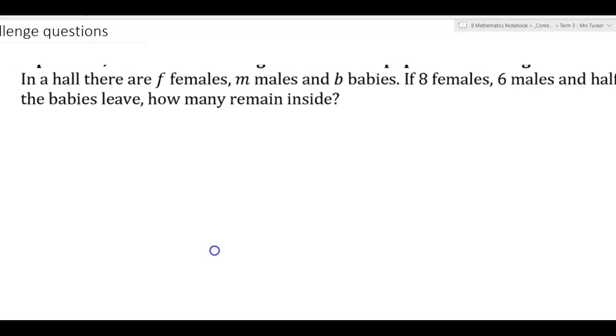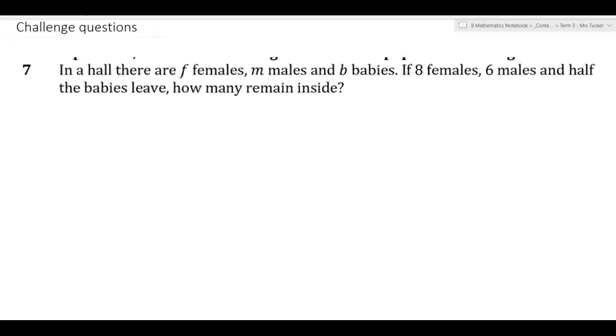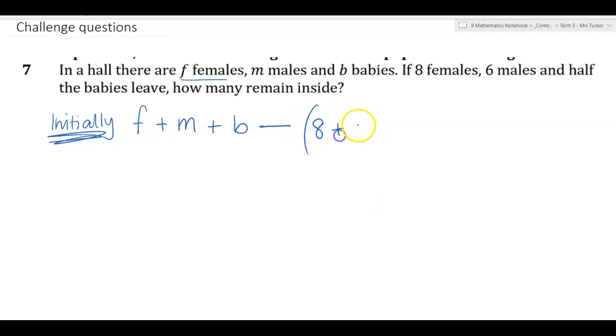All right, let's have a look at the hard ones. So, in a hall, there are F females and M males and B babies. So that's how much there was initially, right? And then we are going to lose, so minus 8 females and 6 males and half of the babies.